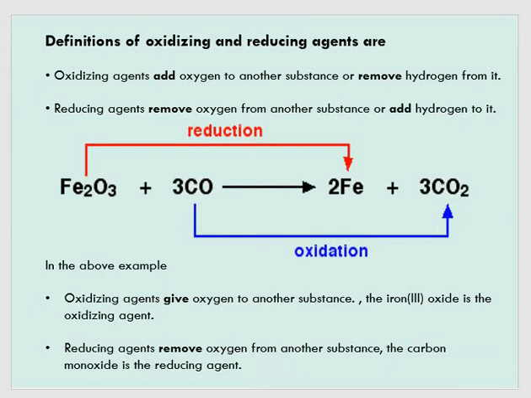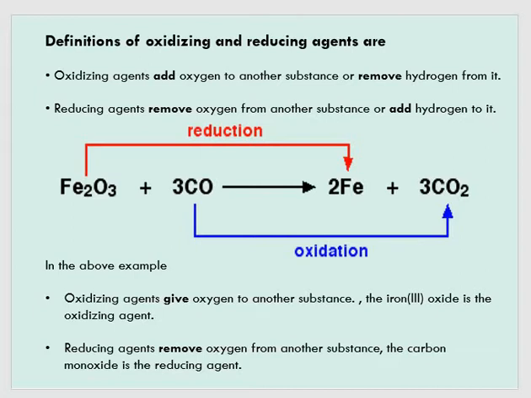Today let us see the definitions of oxidizing and reducing agents. It's a new term. What are oxidizing and reducing agents? Oxidizing agents give oxygen to another substance. Reducing agents remove oxygen from another substance.